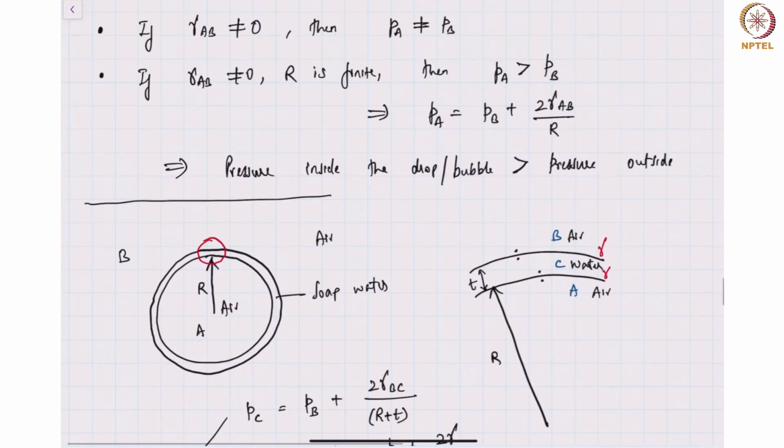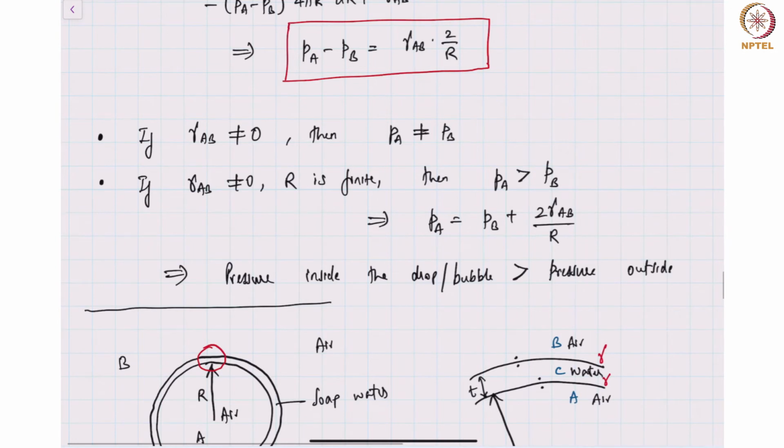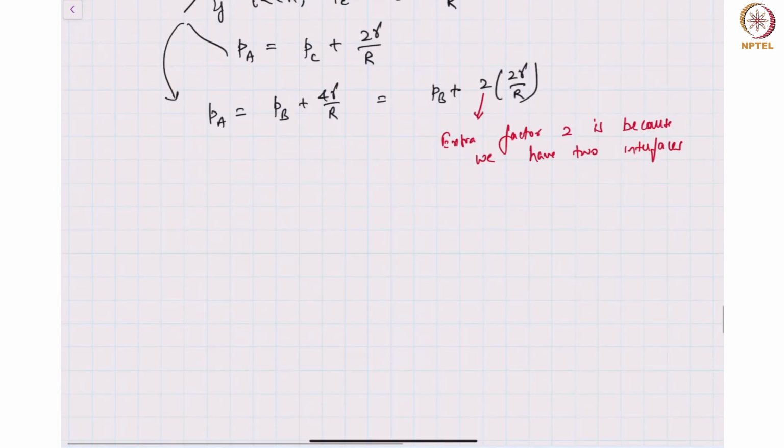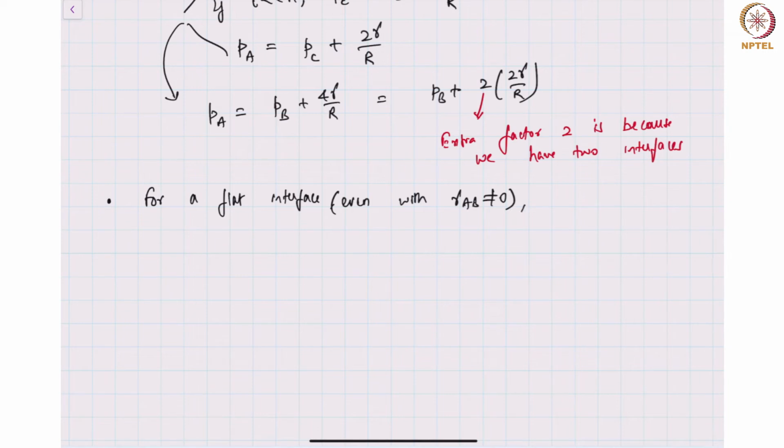Okay, now we have looked at 2 consequences here of this expression, PA minus PB is 2 gamma AB by R. So we've looked at cases where gamma AB is not equal to 0. Okay, and we found that there is a jump across the interface. Let's look at a third consequence. The third consequence is, for a flat interface, even with gamma AB not equal to 0, PA is equal to PB.